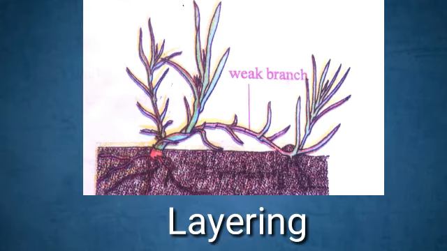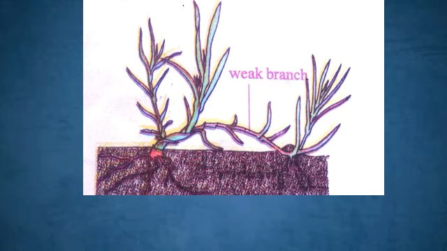And in layering, as you can see here, a branch of the plant with at least one node is bent towards the ground, and a part of it is covered with moist soil, leaving the tip of the branch exposed above the ground. After a few days, new roots develop from the part of the branch buried in the soil.